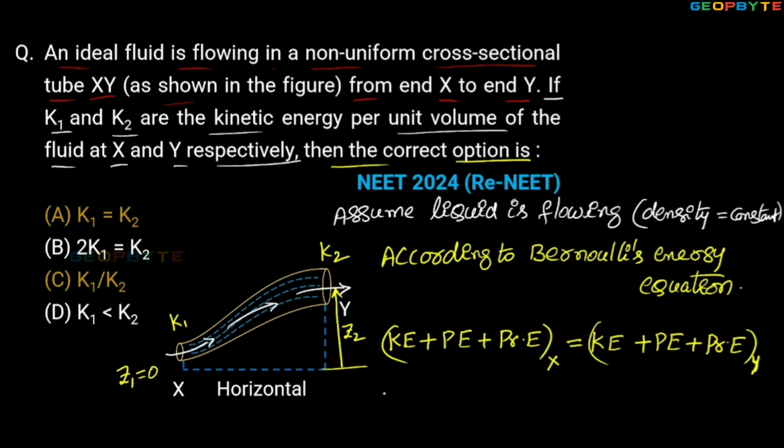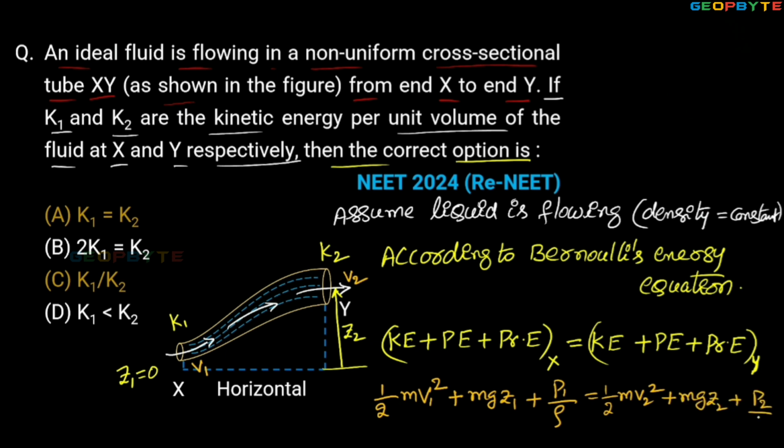The kinetic energy at X is half m V1 square, plus potential energy m g Z1, plus pressure energy P1 by rho, is equal to half m V2 square, assuming V1 is the velocity at X and V2 is the velocity at Y, plus potential energy at Y, m g Z2, plus P2 by rho.